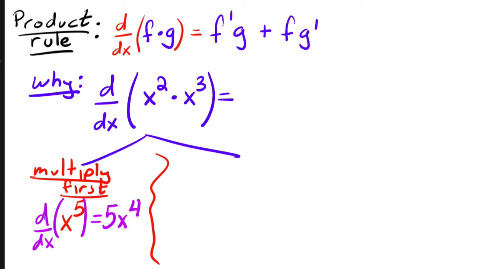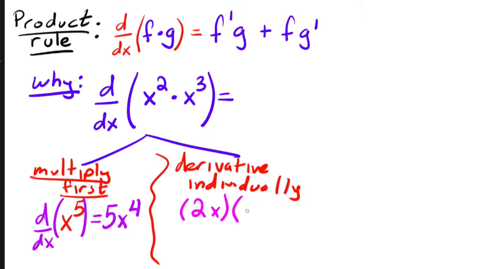Aha. But what if you get the derivative individually? You'll notice that the derivative of x squared is 2x.